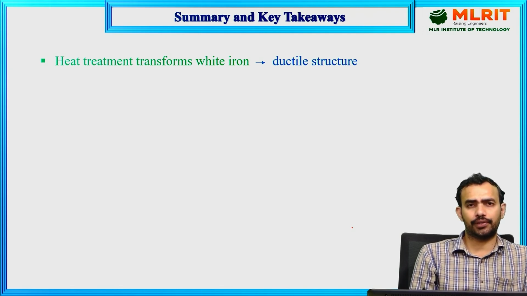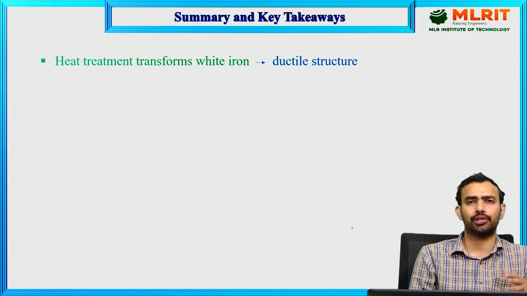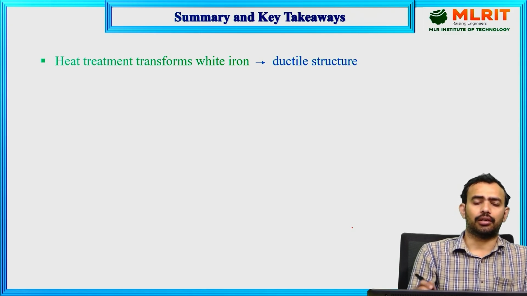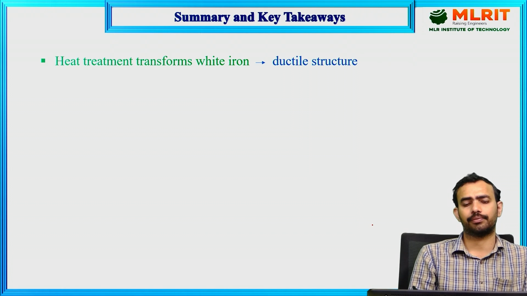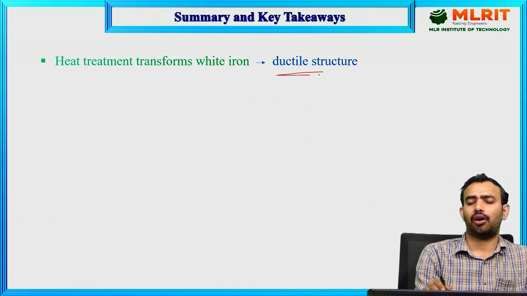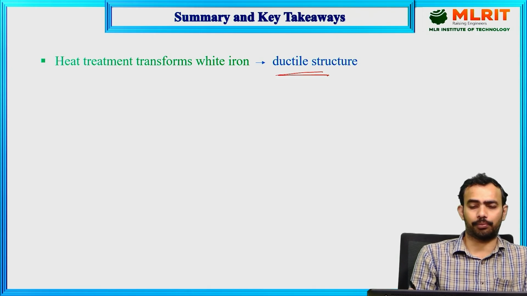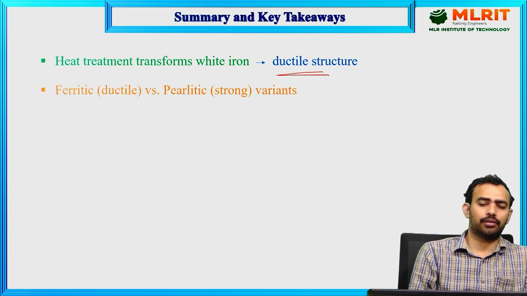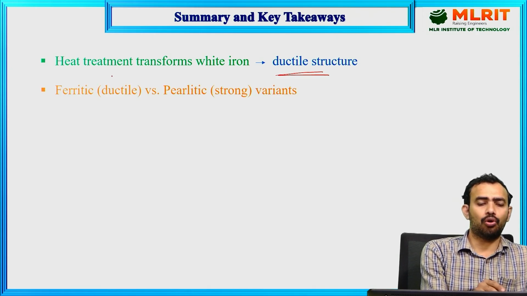Upon the addition of silicon, most of the iron carbide decomposes and forms graphite, and the graphite in this case is present in the form of aggregates or clusters, which offers the ductile properties to the material.